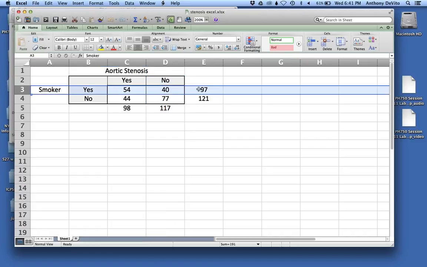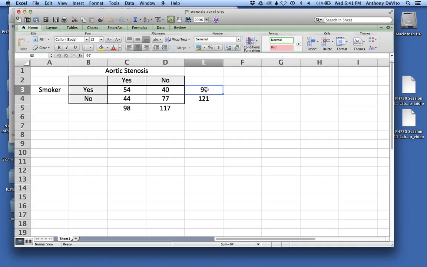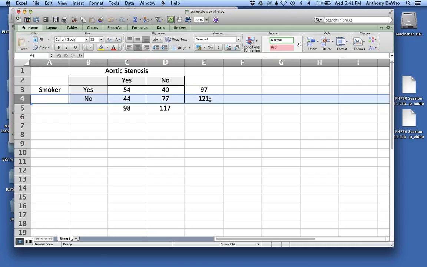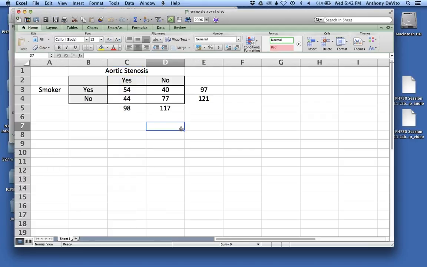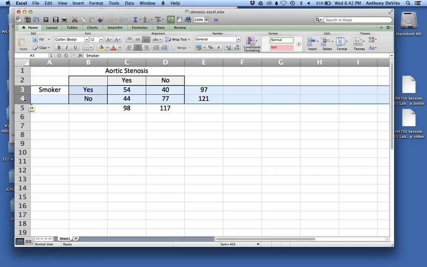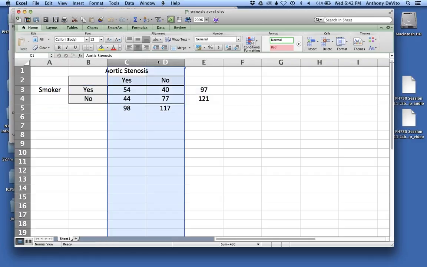And we found that within those groups of people, we had 97 people who were smokers and 121 people that were non-smokers. Then we tested them for aortic stenosis, and we found that 54 in one group and 44 in the other group had aortic stenosis. So now we want to decide, is there an association between smoking and aortic stenosis?